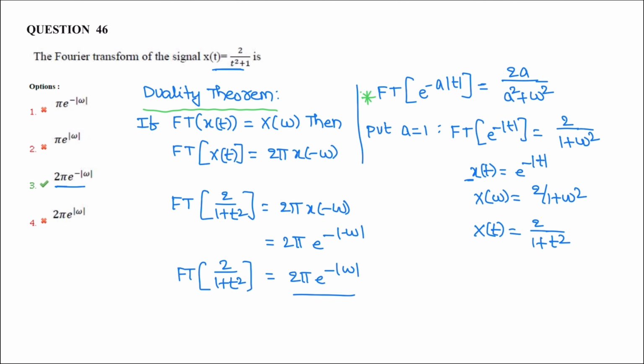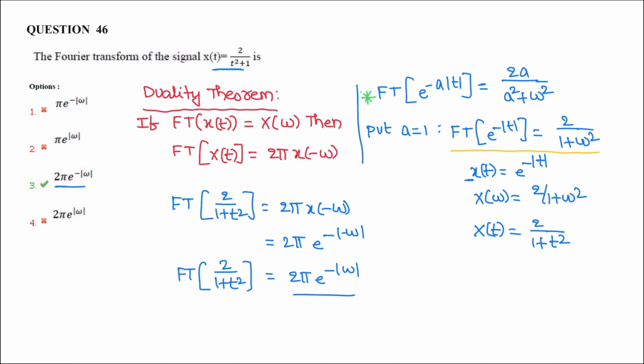The duality theorem of Fourier transform says that if the Fourier transform of x of t is equal to X of omega, then the Fourier transform of capital X of t is equal to 2 pi small x of minus omega. So take the Fourier transform of e power minus mod t; this is the first step.